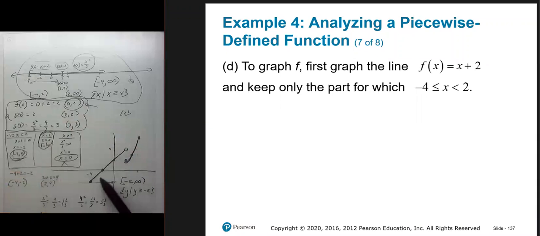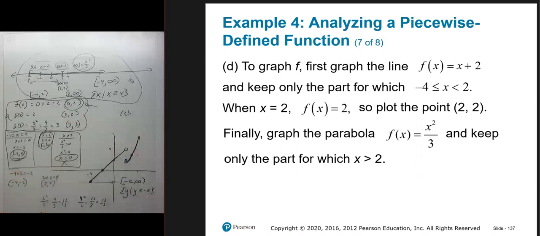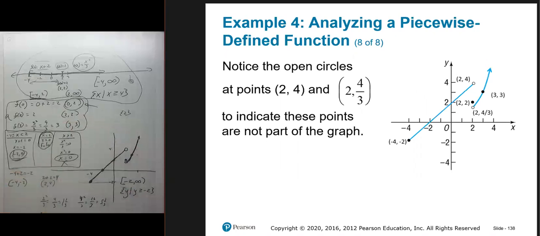And to graph it, we looked at the portions in different portions of the domain, and so they graph them appropriately. And I was happy to see that they graphed it correctly. Okay. Any questions here?